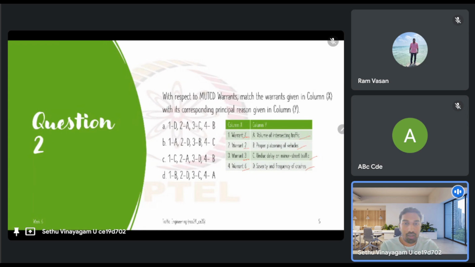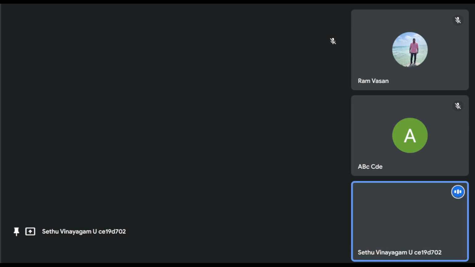Okay. So according to MUTCD, as we saw, there are 9 different warrants, right? So 1 and 2 are based on the volume of traffic. Okay, so 1 is an 8-hour volume, 2 talks about 4-hour traffic volume.